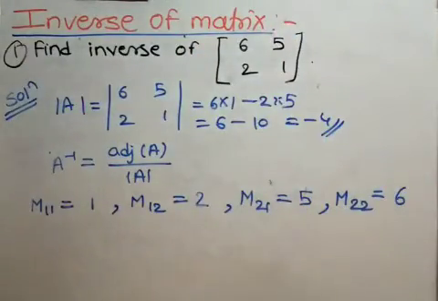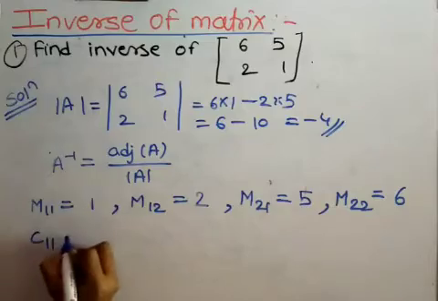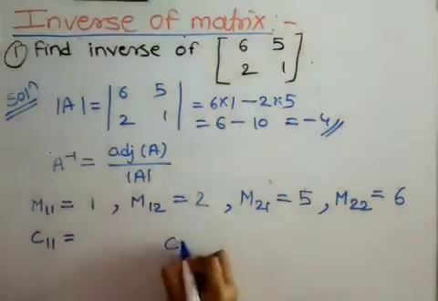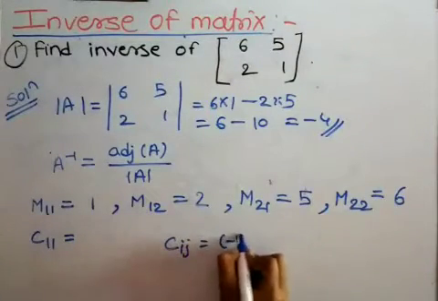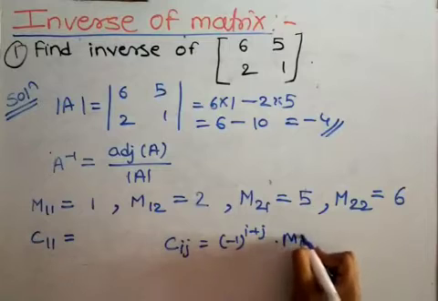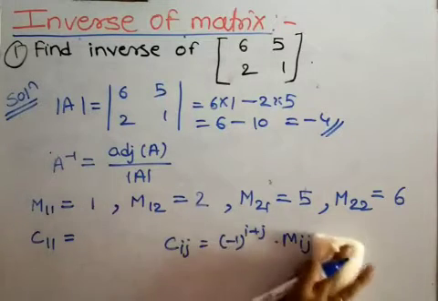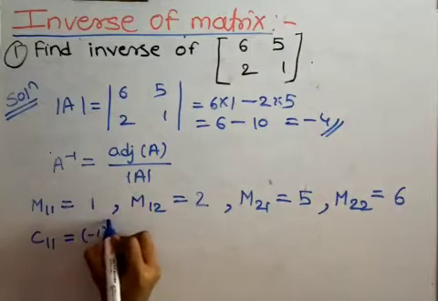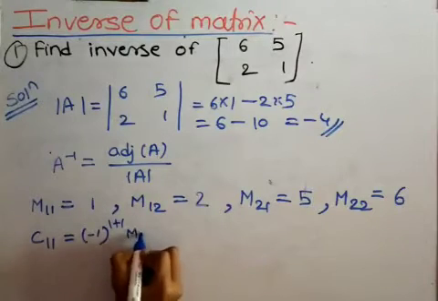Right? Now C11. We know the formula of cofactor: minus 1 raised to i plus j into Mij. So C11 will be minus 1 raised to 1 plus 1 into M11.